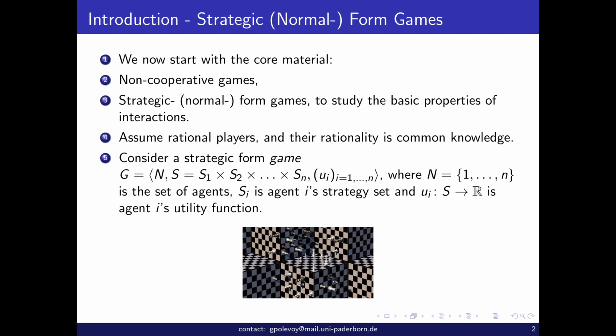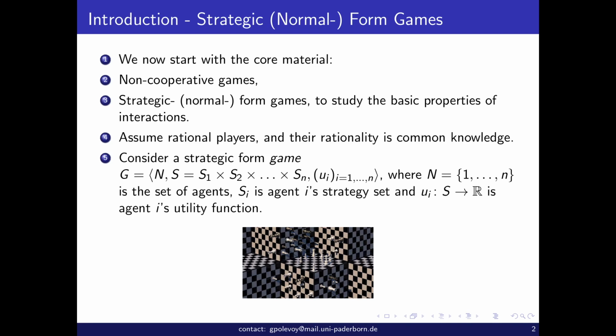And we consider, generally speaking, a strategic form game, which, as we already saw in the first lecture, is a tuple.